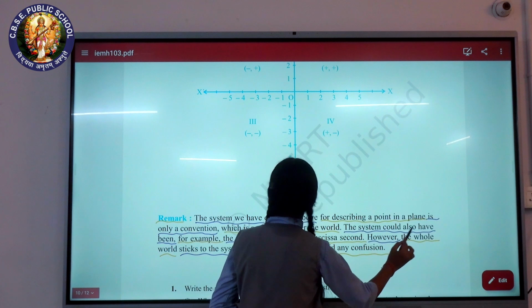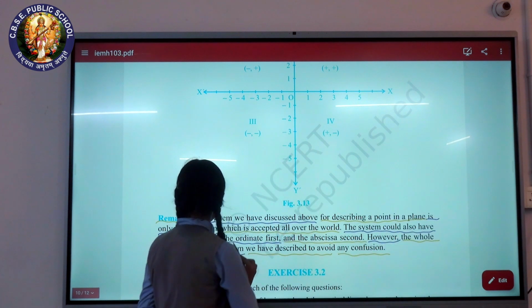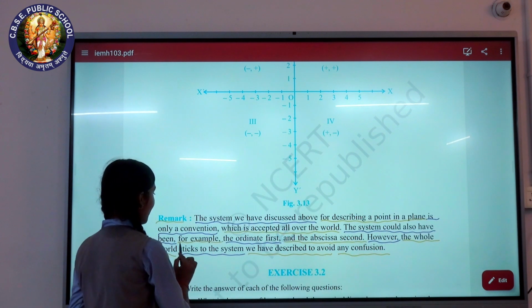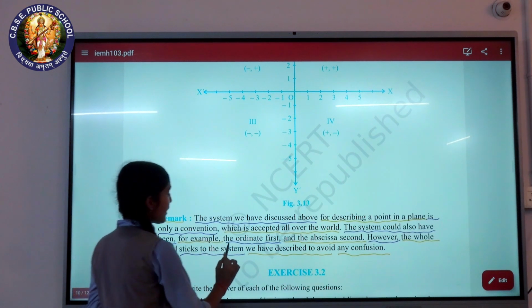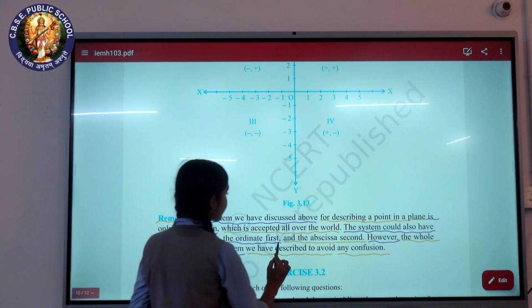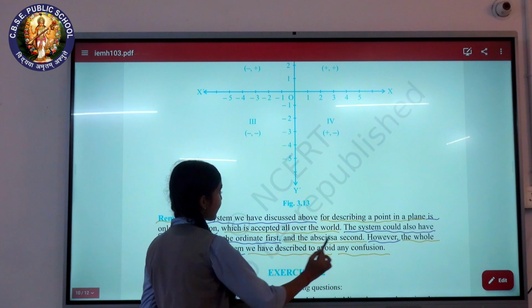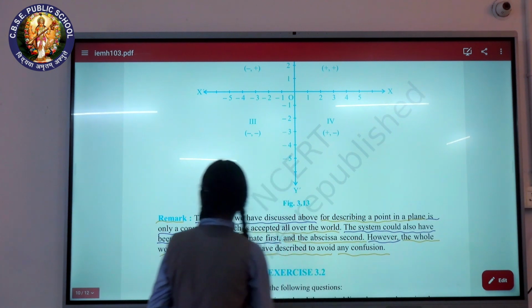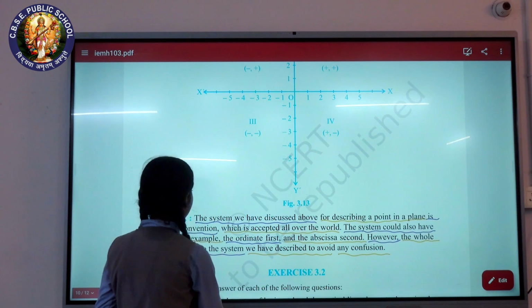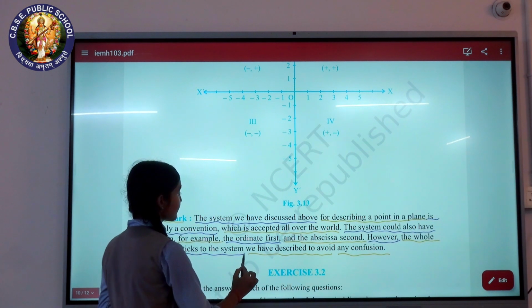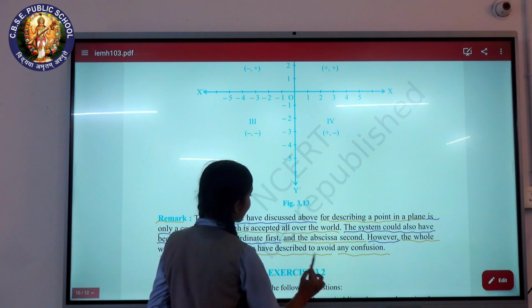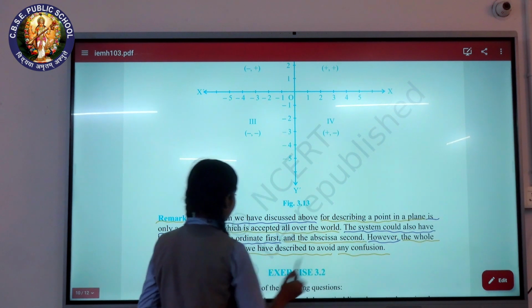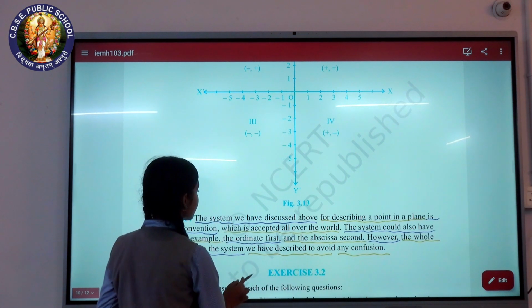The system could also have been, for example, the ordinate first and the abscissa second. However, the whole world sticks to the system we have described to avoid any confusion.